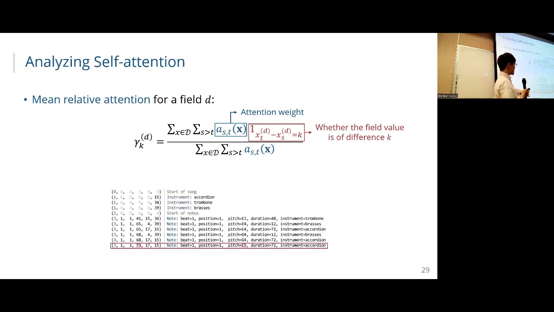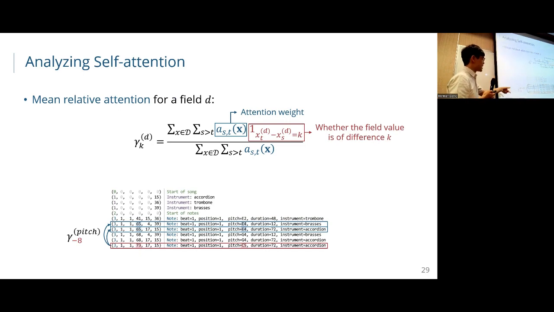When we are generating the last token, we look at how this token attends to different previous notes. For example, here we have two notes with a pitch difference of -8. We have pitch 73 and pitch 65, which corresponds to a pitch difference of -8.